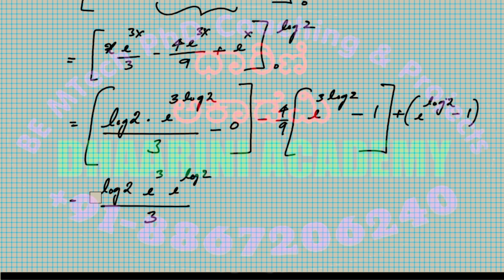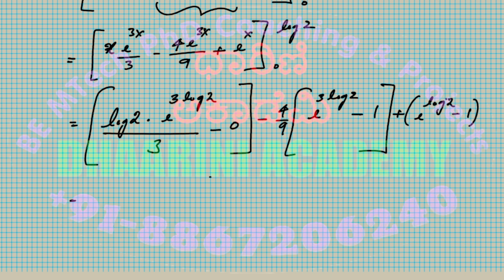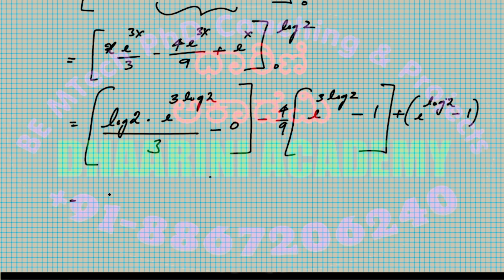Sorry, I missed that. See, 3 log 2 can be written as log of 2 cube, right? So this is log 2 into e to the power log 2 cube. So that e and log will cancel, right? So I can simply cancel this whole divided by this. Let's apply the same thing everywhere so that this becomes easy. 4 by 9.